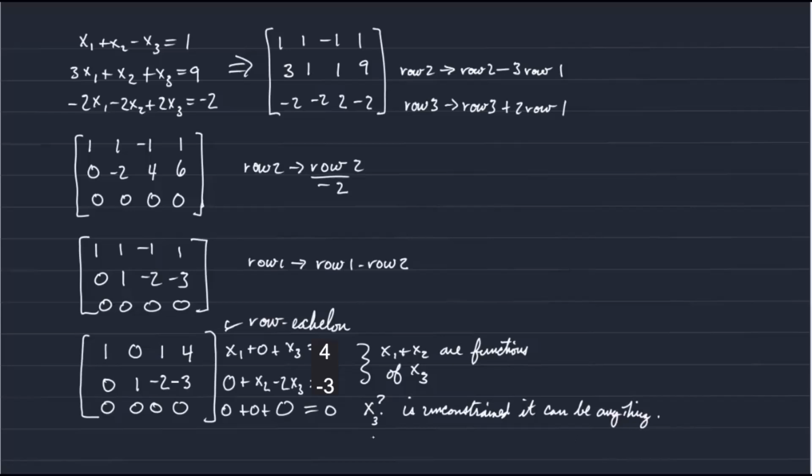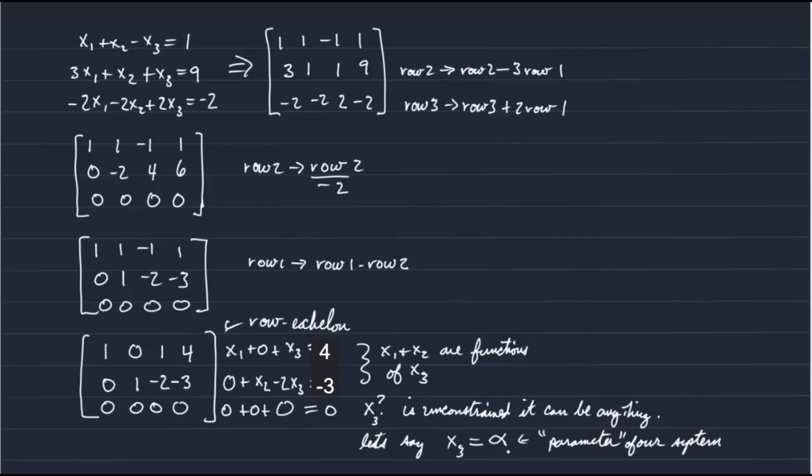That is, if we were to say, let's say x3 is, since it can be anything, let's just say x3 is a parameter called alpha. We'll call this our parameter of our system.